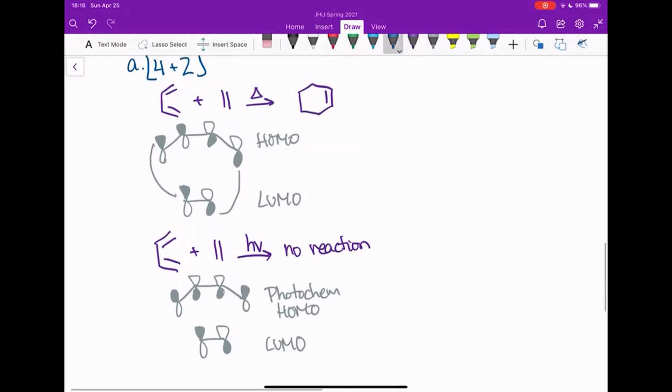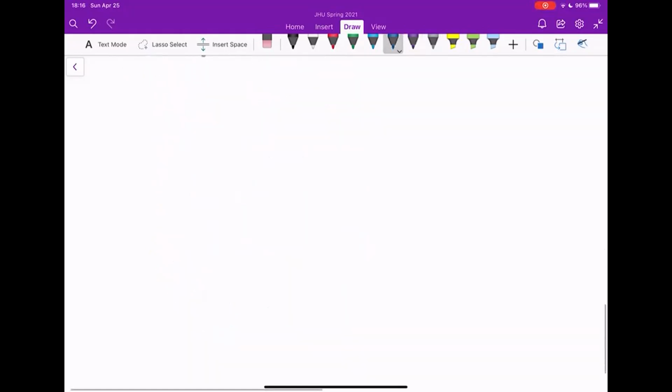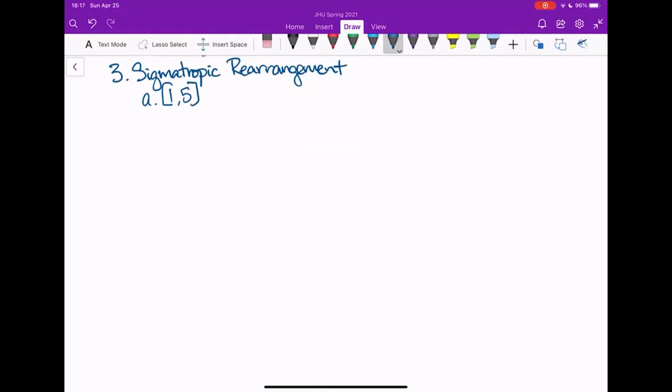And then lastly, the third pericyclic reaction is your sigmatropic rearrangement. And for these, there are also two that you should know. One of them is a 1,5 rearrangement.